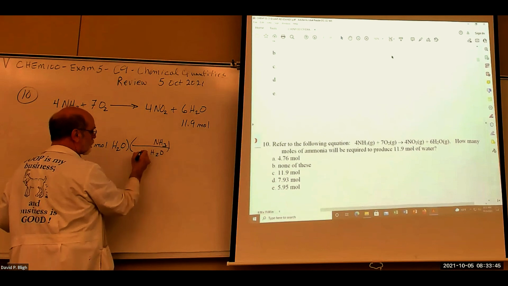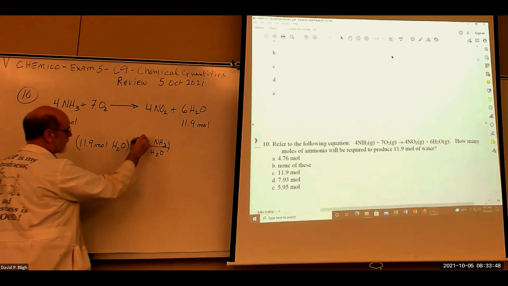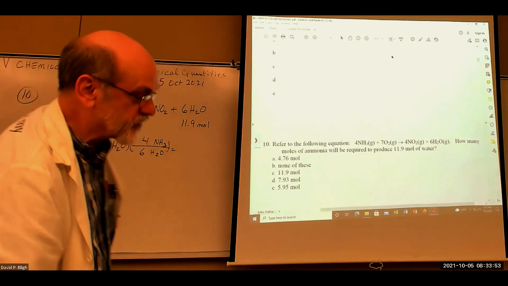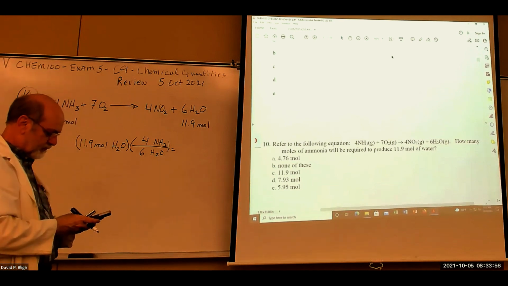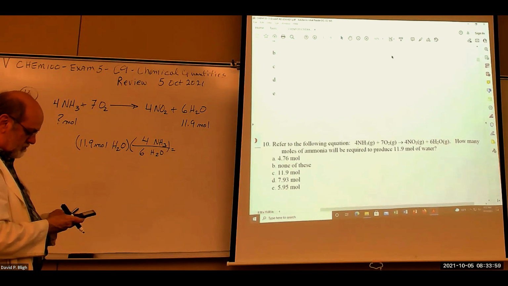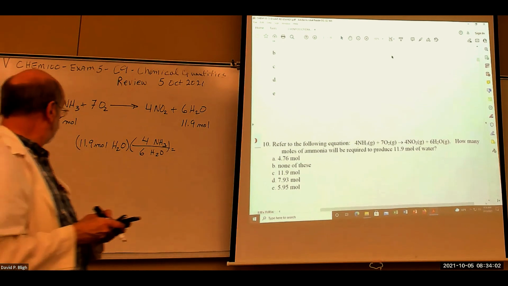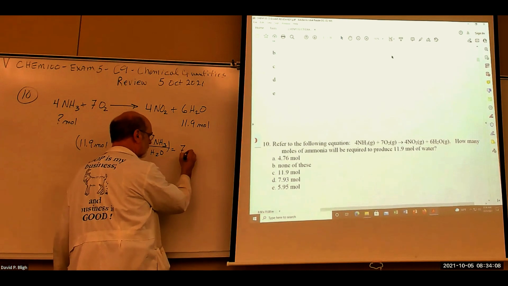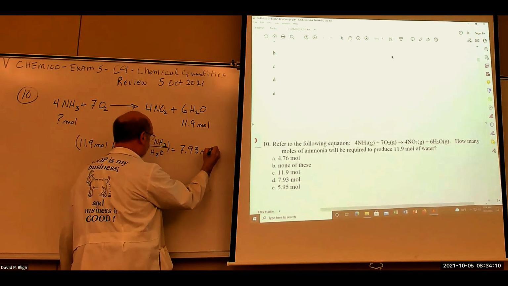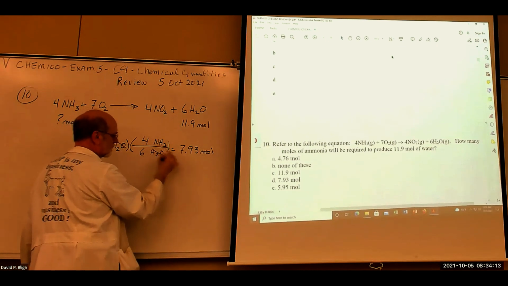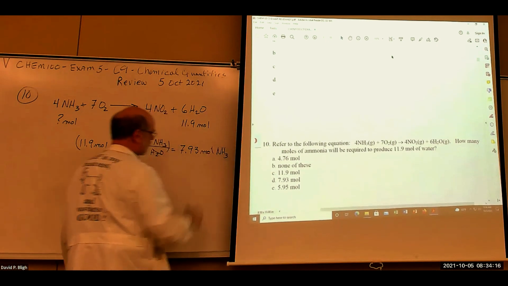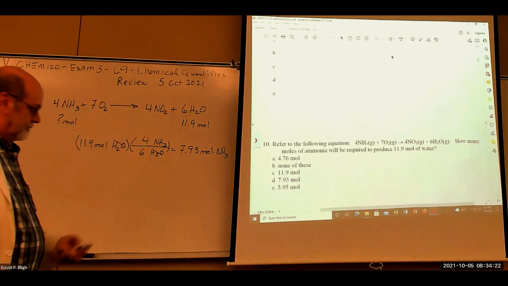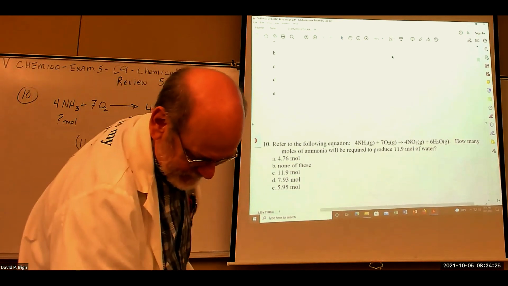So we have a coefficient of 6 for water and 4 for ammonia, so 4/6 or 2/3 multiplied by 11.9. I get, to 3 significant figures, 7.93 moles of ammonia. All right, that was 10.